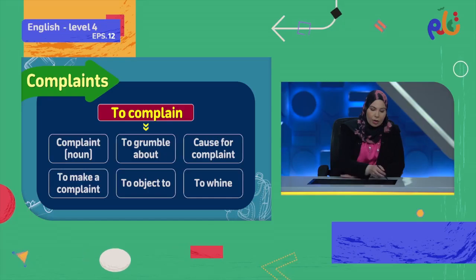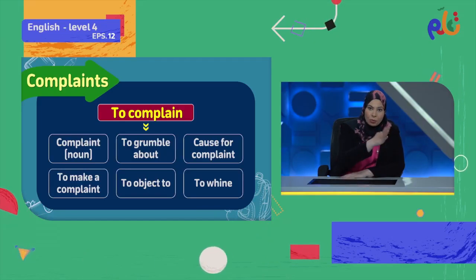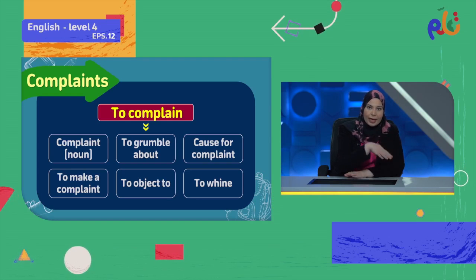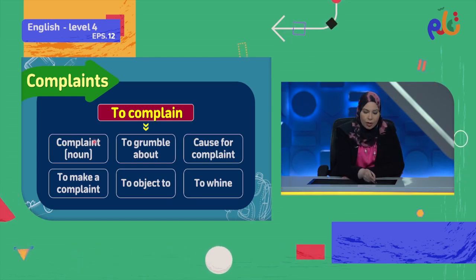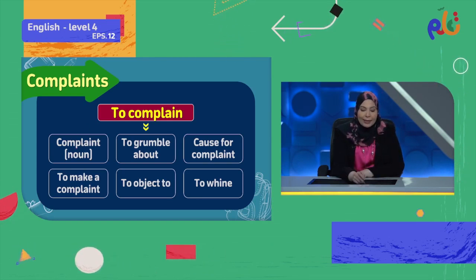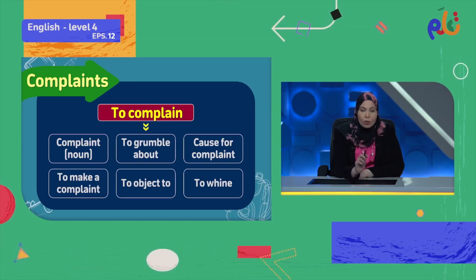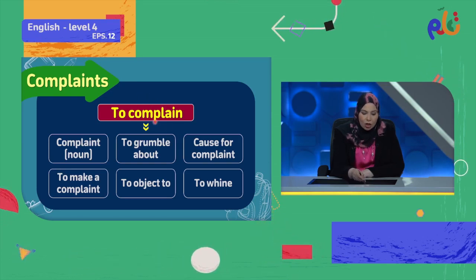So here we have other verbs that have the same meaning as complain. So complain, and then we said complaint with the collocations of it. Make a complaint, have a complaint. So this is the first one. And then we have complain, which means the same as grumble about, which is verb and verb.